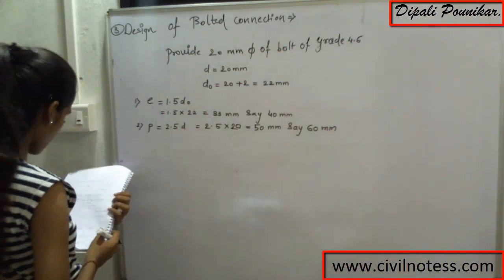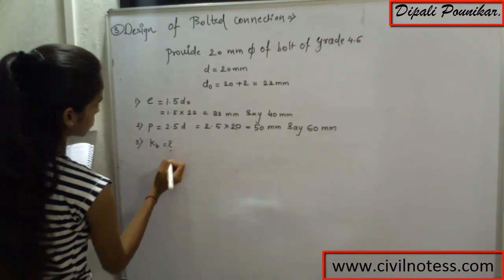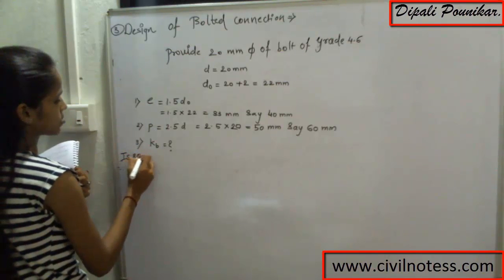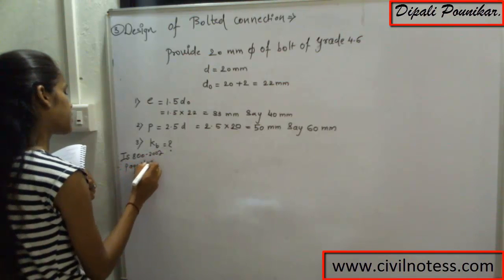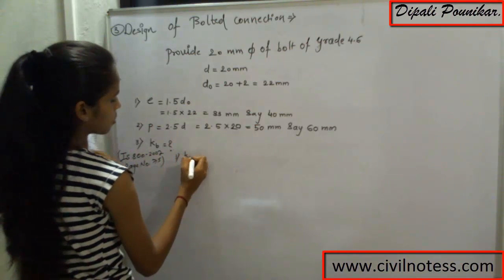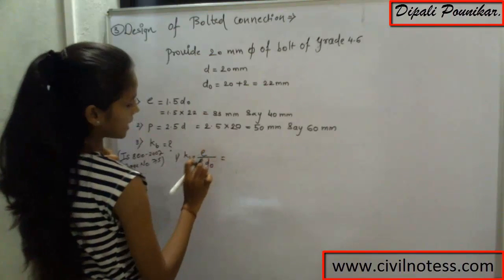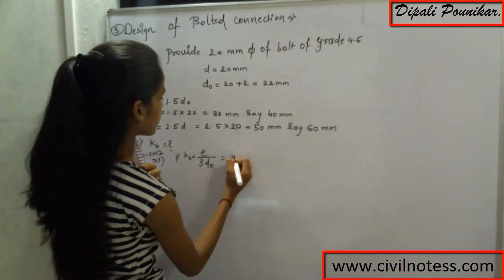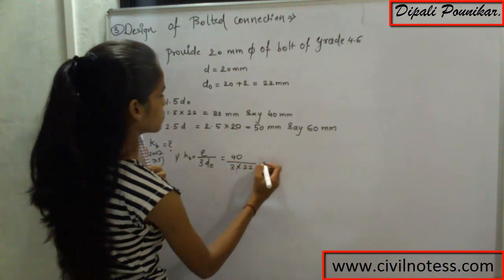After that, you have to calculate the kb, which is also required for the bolted connection. It is given in IS 800/2007 on page number 75. The first formula for kb equals e upon 3D0, where e is the edge distance and D0 is the nominal diameter. E is 40 upon 3 into 22.